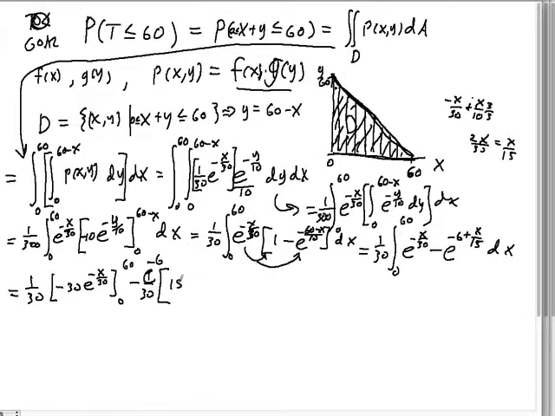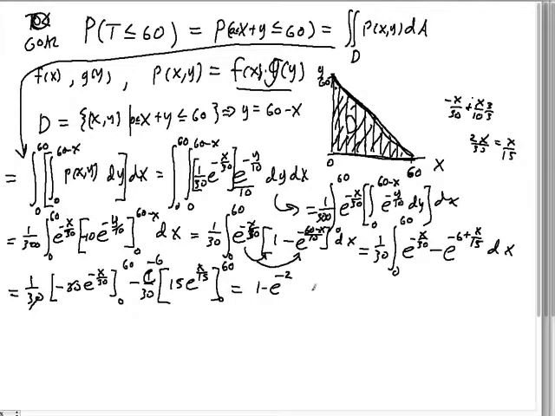And we have a 15 e to the x over 15, from 0 to 60. Okay. So now all we have to do is the arithmetic part. We see the 30s cancel, and we get a 1 minus e to the negative 60 over 30, which is going to be negative 2, right?